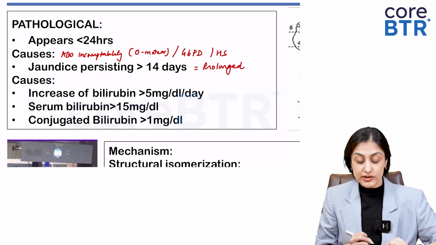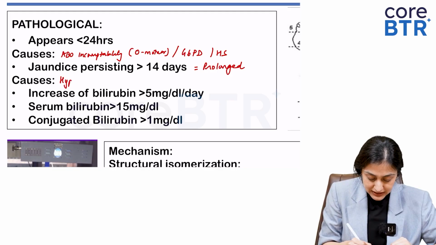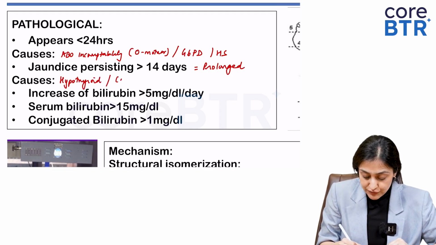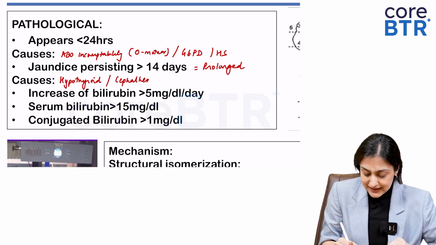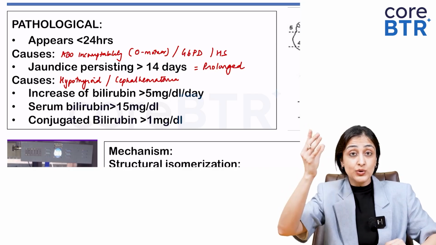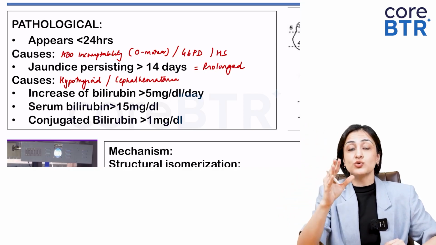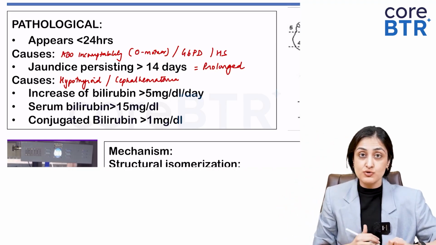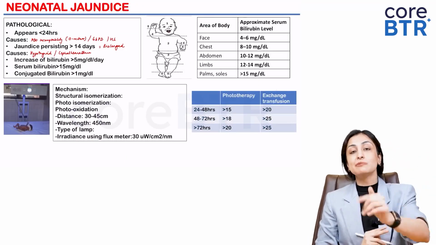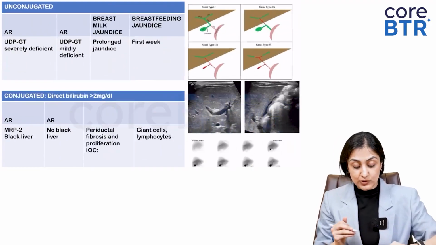So prolonged jaundice can be because of, one, congenital hypothyroidism, could be because of a cephalhematoma, right? Cephalhematoma is what has bled during birth, and now it's slowly resolving, and there is bilirubin which is progressing. And then the two options they'll give you would be breast milk jaundice and breastfeeding jaundice. So very, very important, we'll learn this.